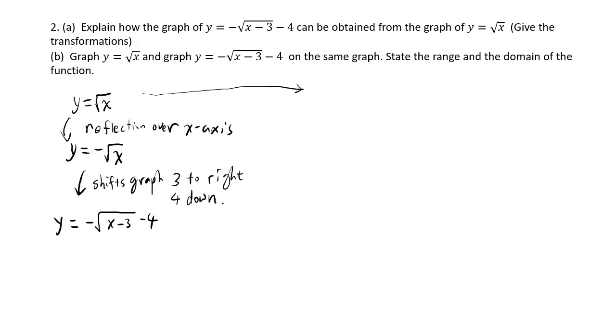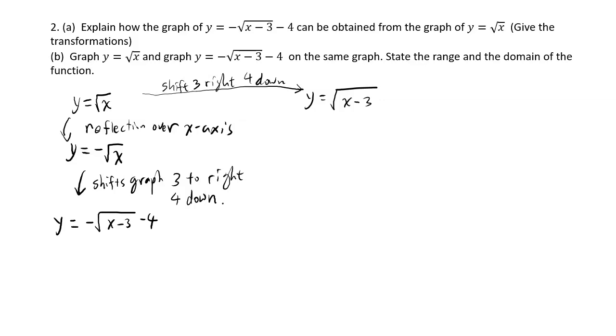Okay, so I can first take y equals square root of x, shift 3 right, 4 down, and that makes it y equals square root of x... Yeah, sorry. It actually produces different things. So we'll try to write it like this, and then we'll modify.